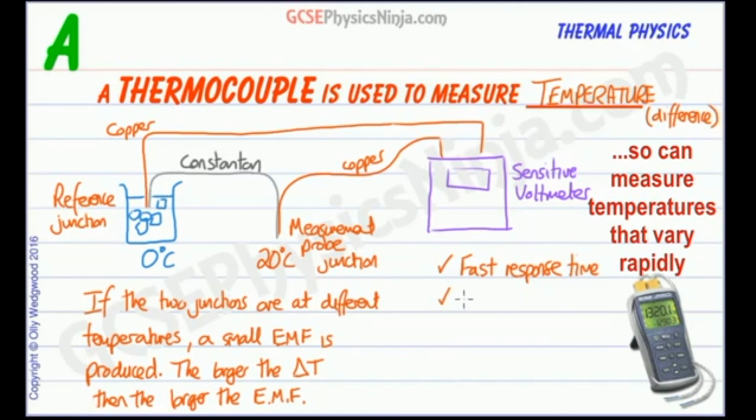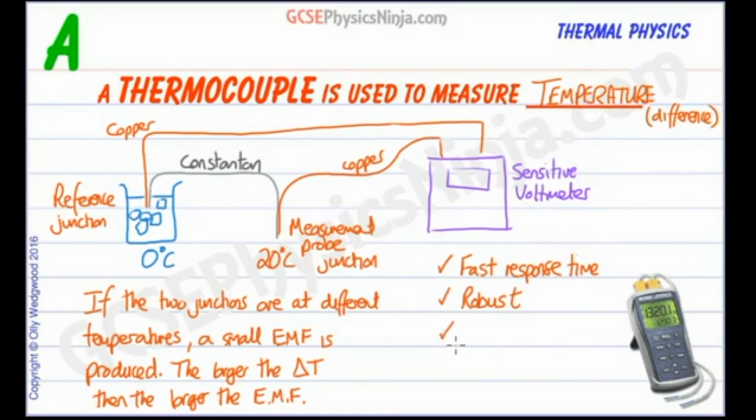It's also very robust, so that it's difficult to break. Very tough. Compared to a liquid in glass thermometer, which can be smashed or broken, a thermocouple is a pretty tough instrument. And that's why it can be used in things such as kilns and gas turbine exhausts, diesel engines, and even flame sensors on your gas cooker could be a thermocouple.